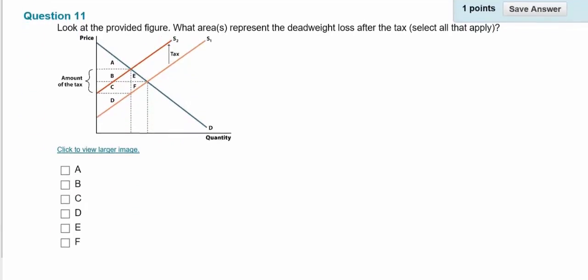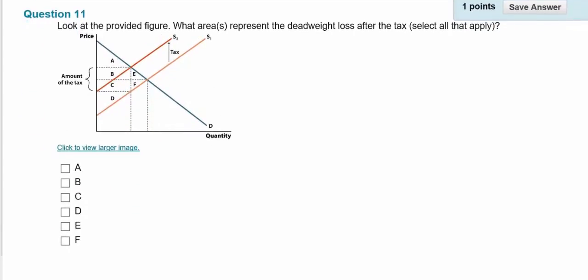So moving on, question 11. What areas represent the deadweight loss after the tax? So here's what happens. Let me just circle up here, outline our consumer surplus. And then right here, we've got our producer surplus.